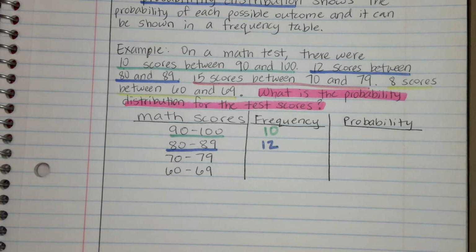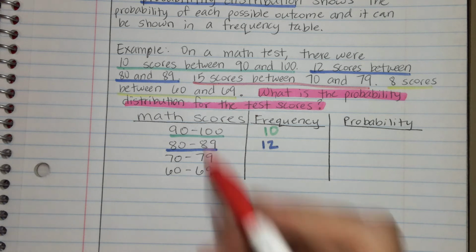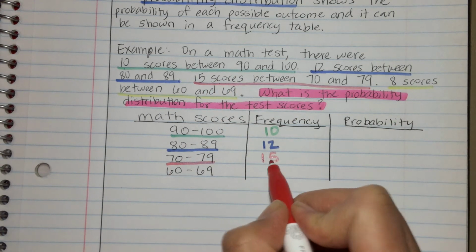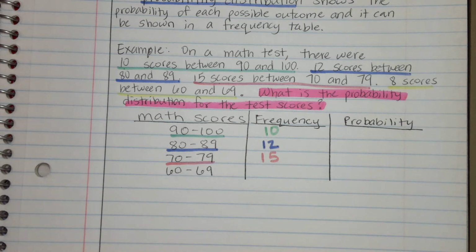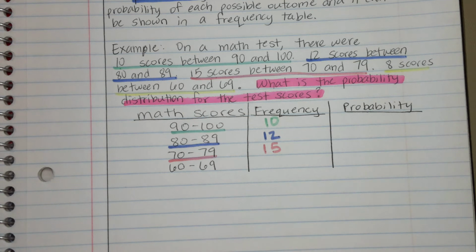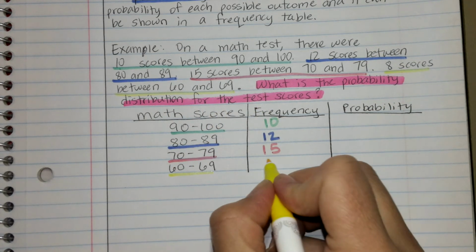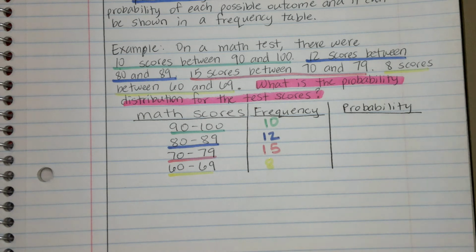That's like 12 students who got B's. And then I've got 15 scores between 70 and 79. So 15. Then I've got 8 scores between 60 to 69. So that is an 8. Okay, so that's how you fill out a frequency table, which you may have done in the past.